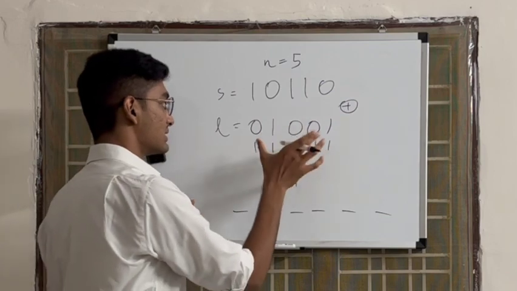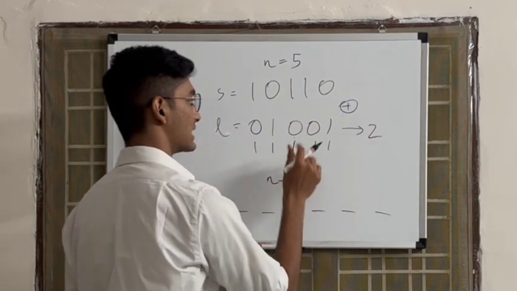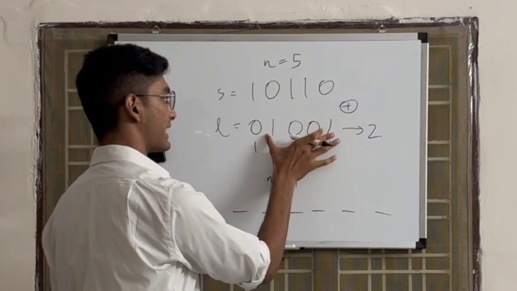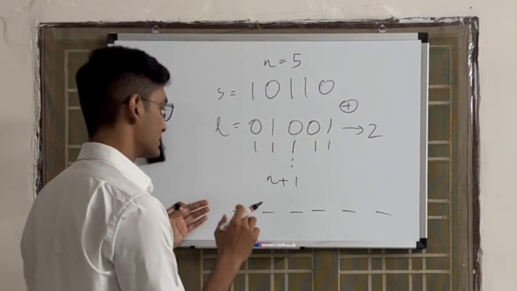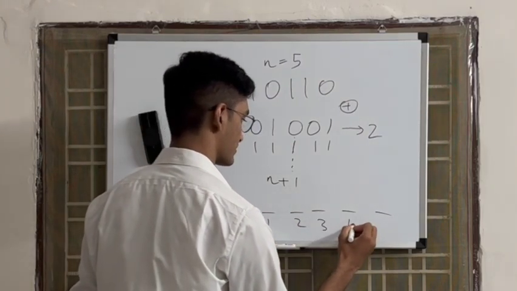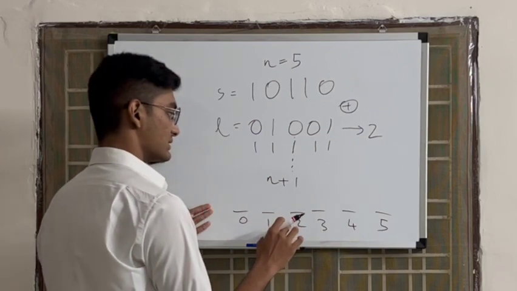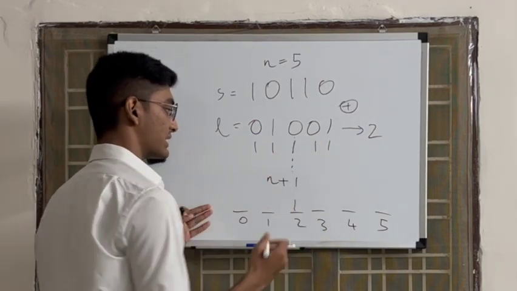Now, in this L, we have two ones. The number of ones in this binary string is 2. Which basically means that in this case, it will be 0, 1, 2, 3, 4, 5, right? There are two ones in this one, which means you should return 1 here.